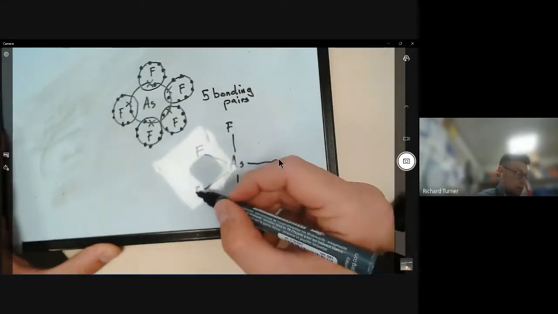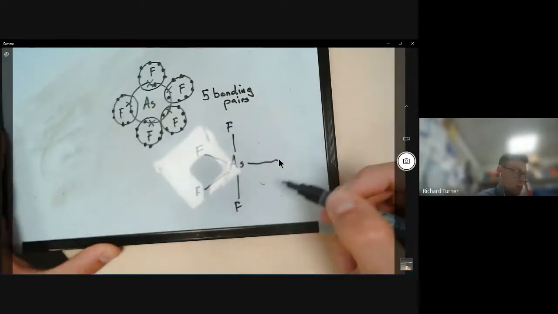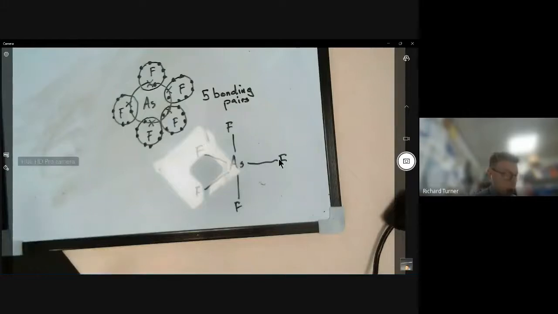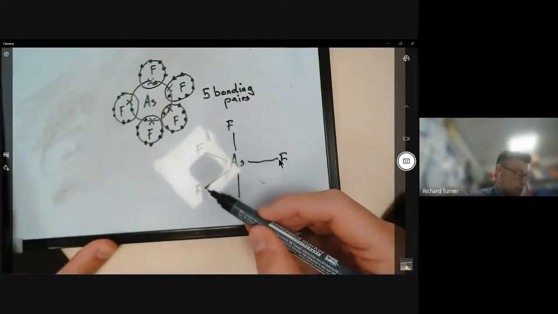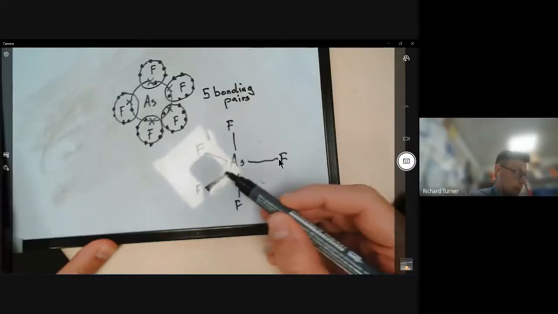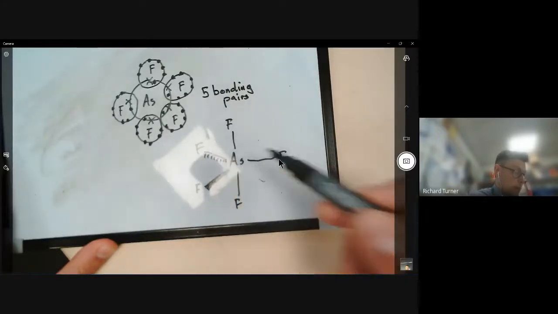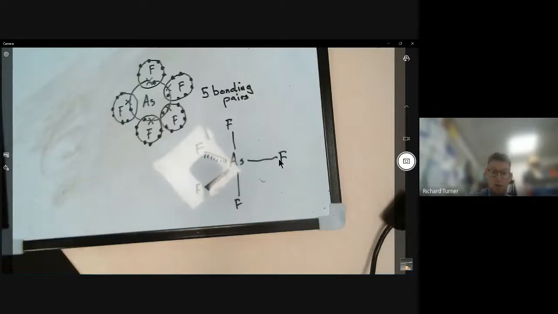Okay, so this 3D shape onto a 2D. I'm just going to add this here. Okay, so they're all repelling each other equally.